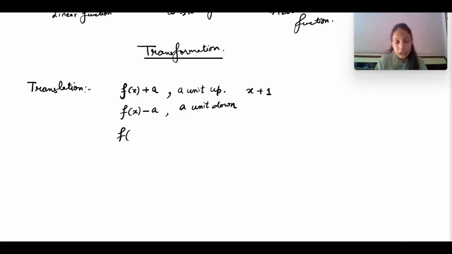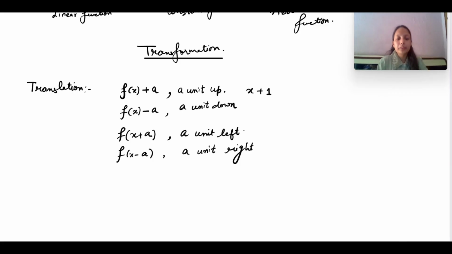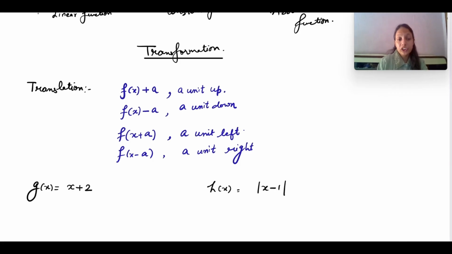If instead of outer addition or subtraction, the addition or subtraction is inside, like x plus a, it means the function is shifted a units left. If I subtract a, it will be a units right. Okay, let's have an example. See the first function g(x). g(x) is given as x plus 2.